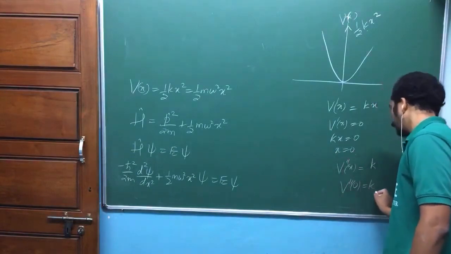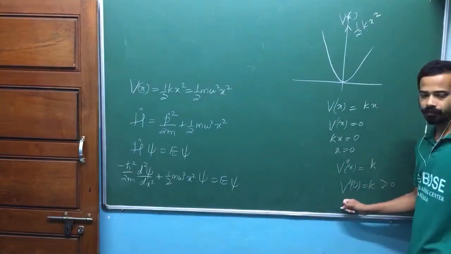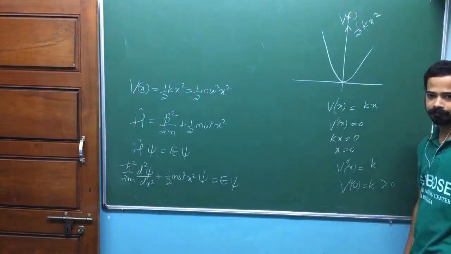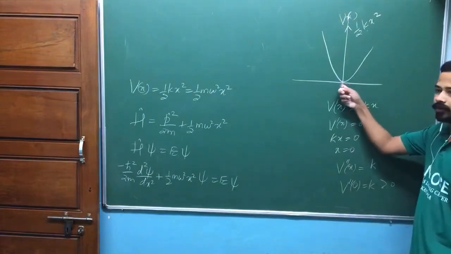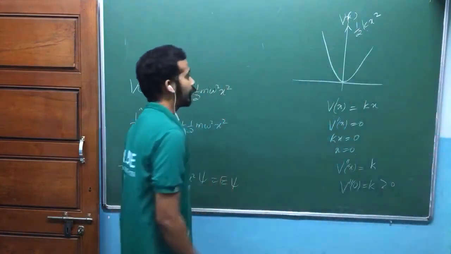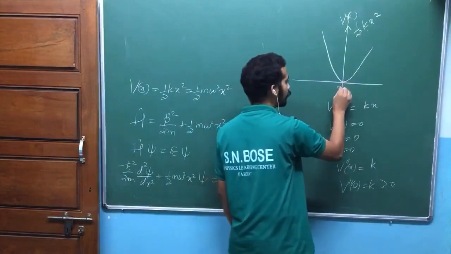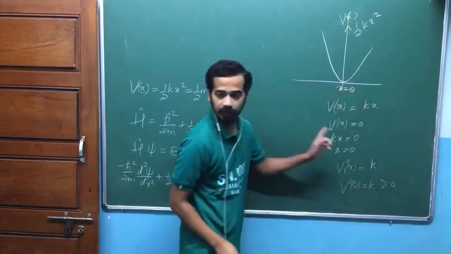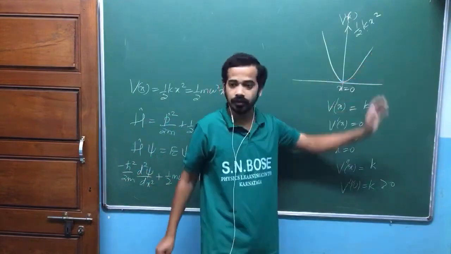That's equal to k itself, which is greater than 0. Then x equal to 0 is the point of minimum. So the second derivative at 0, that is nothing but k. The second derivative at 0 will decide how the first derivative changes about x equal to 0. That means the second derivative at 0 will decide how much curvature this curve has.